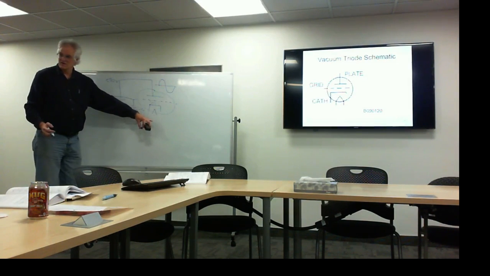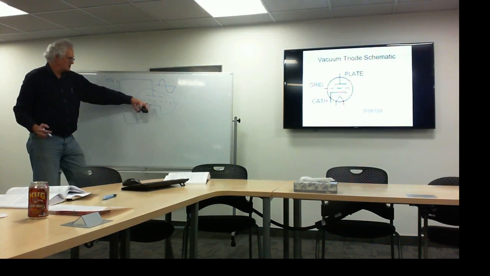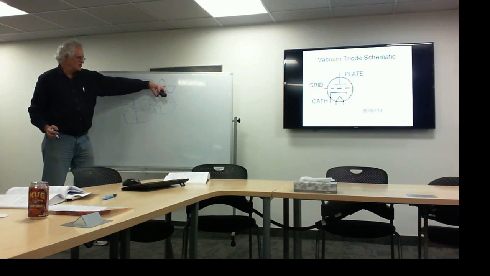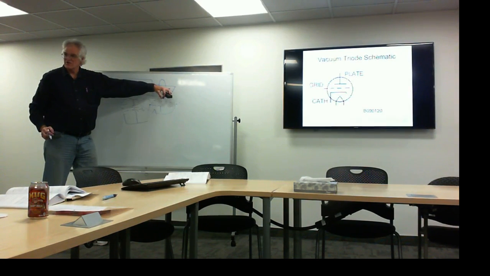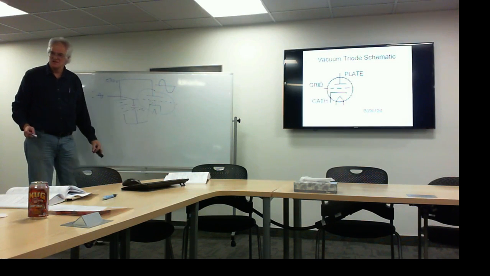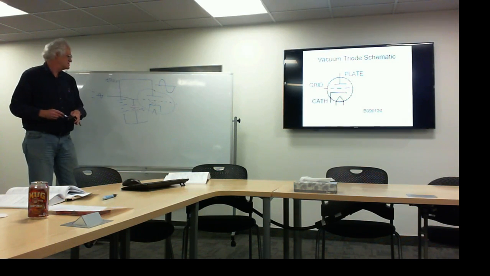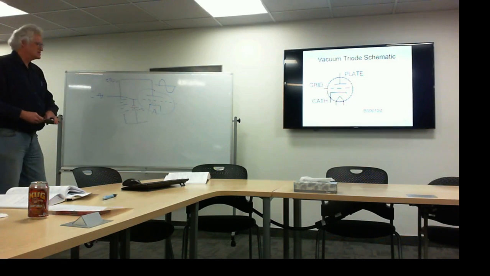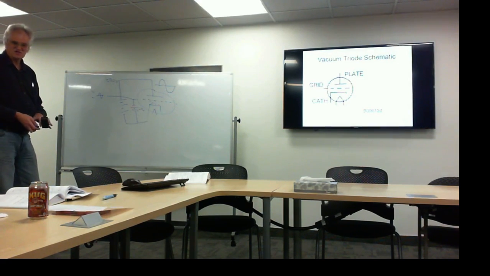So we're putting more control, more negative voltage, and reducing the current flow. Likewise, the current through it gets less. I'm just picking numbers, but that's reflective. Does that answer your question?